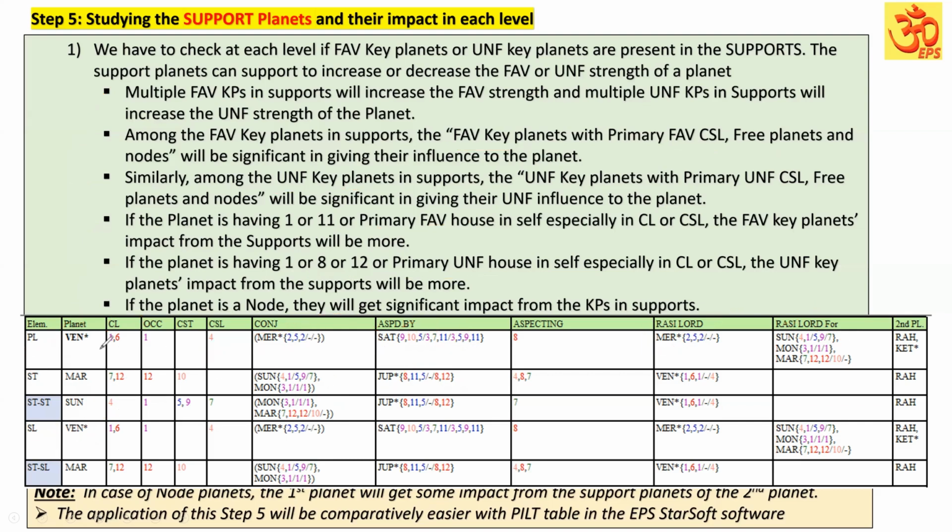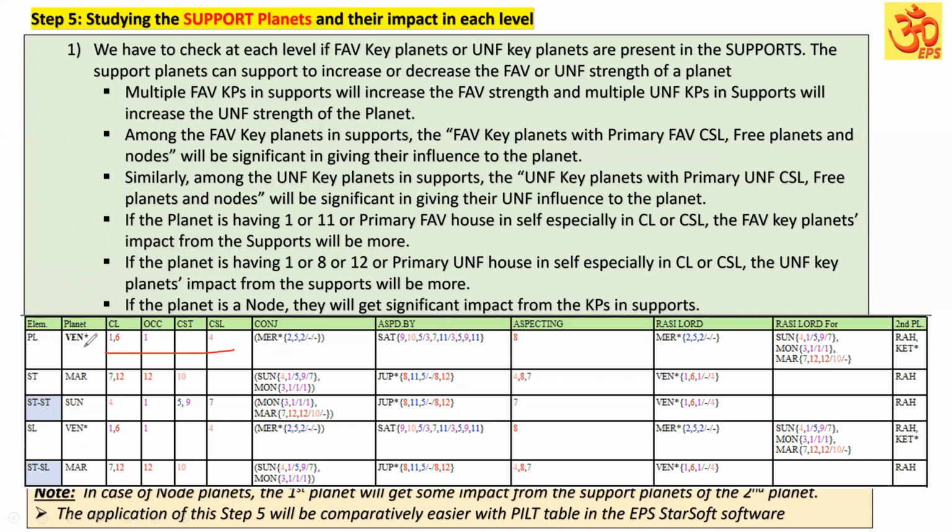It means a planet can be a mixed one. Favorable strength can be increased by favorable key planets, or unfavorable houses can be increased by the unfavorable key planets. Based on the grouping of the houses and the strength of the key planets, the influence level will be there.